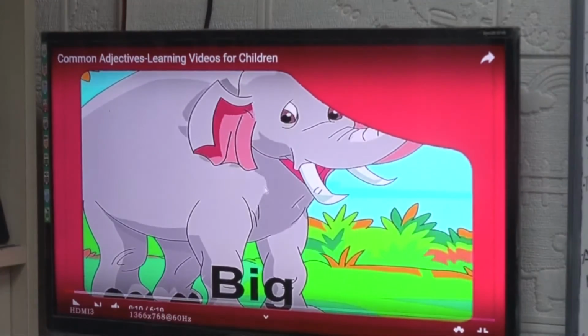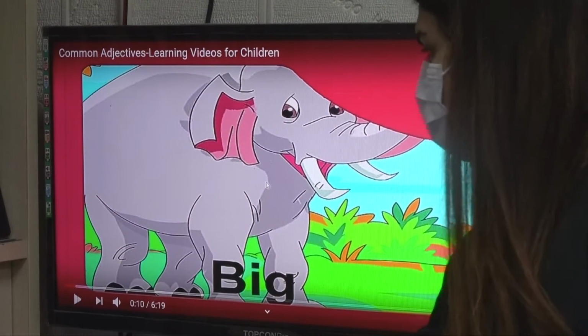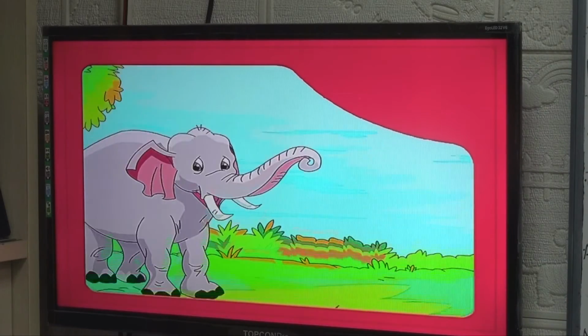So here are some of the common adjectives. Big. You can repeat.